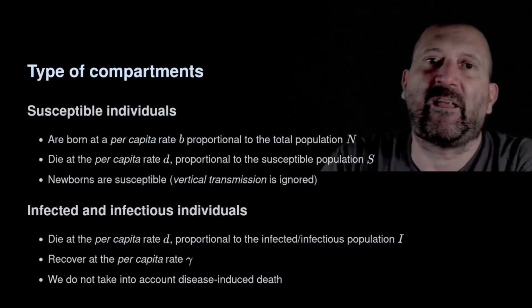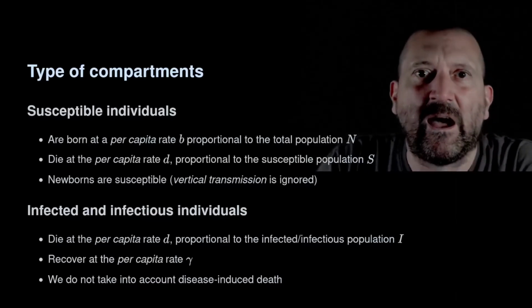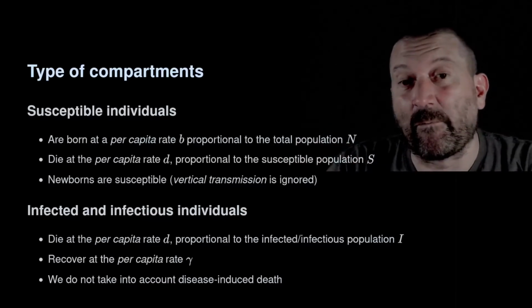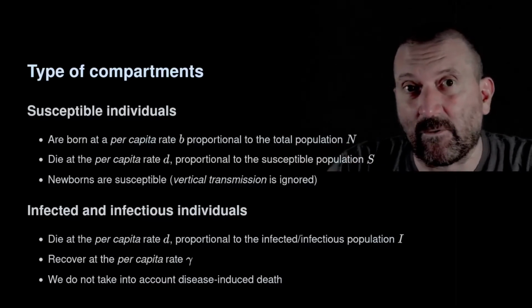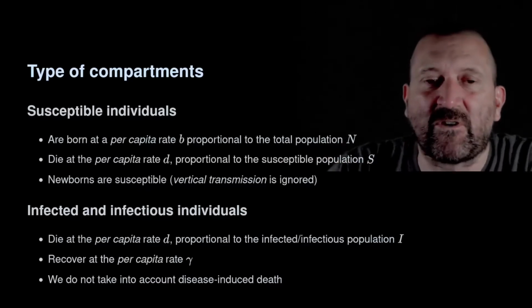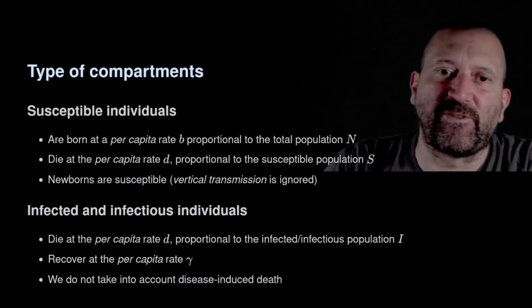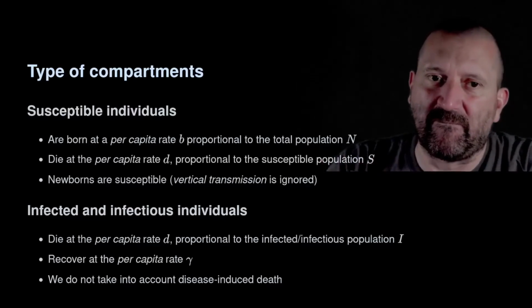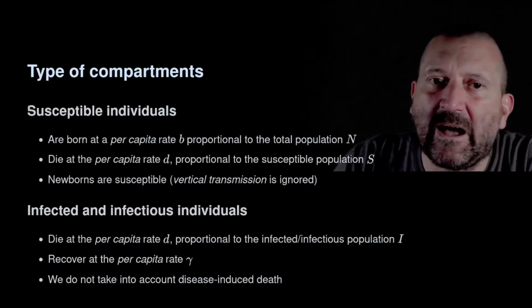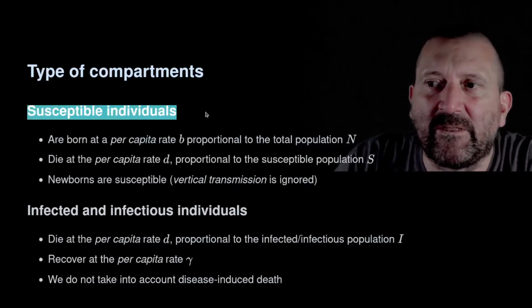In the Kermack and McKendrick model, I was assuming that there was no change in the population size. I could neglect changes in population size, whereas here I'm going to assume that there's birth and death of individuals. Birth only happens in the susceptible individuals.